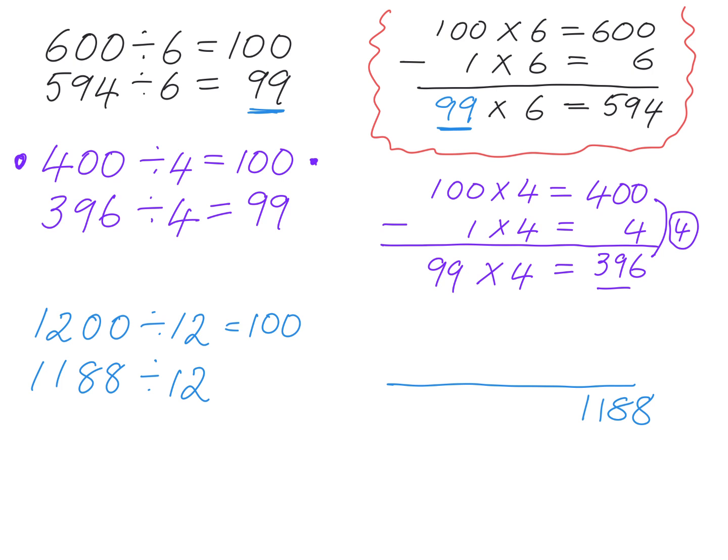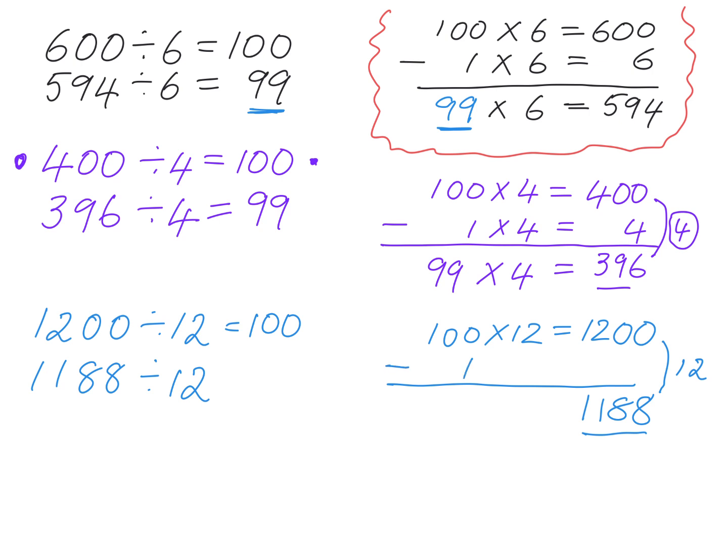Confidence again was high, and so they said, well, 100 groups of 12, that gives us 1,200. But in this problem, we've got 1,188, and we know that there's 12 difference between those. That if we add 12 to 1,188, we'll get 1,200. So 12 is one group of 12 there that we're dealing with.